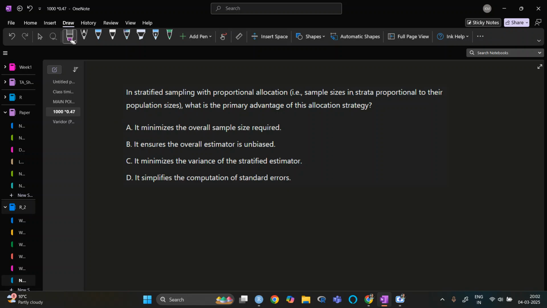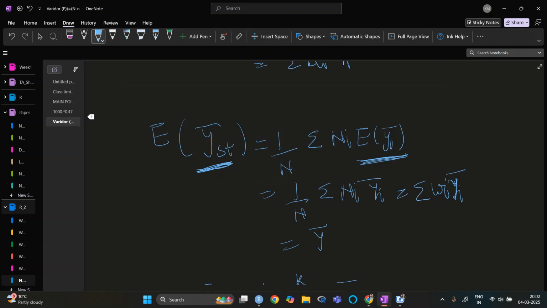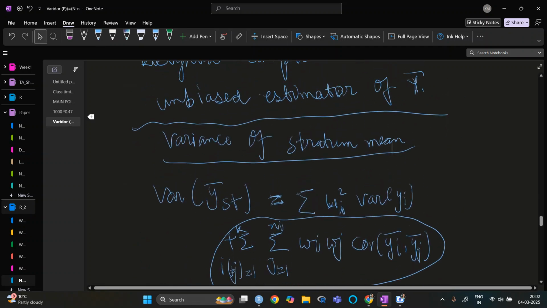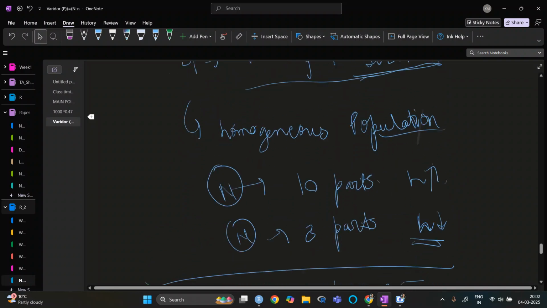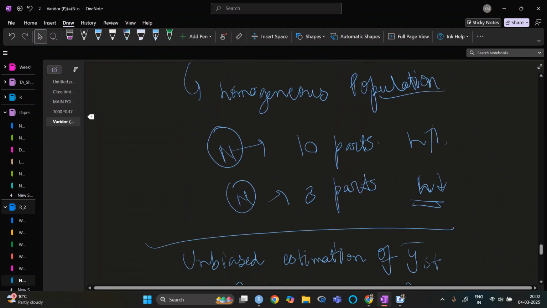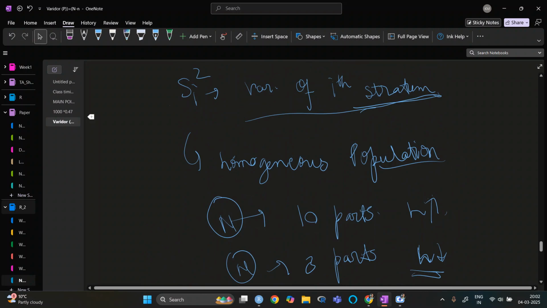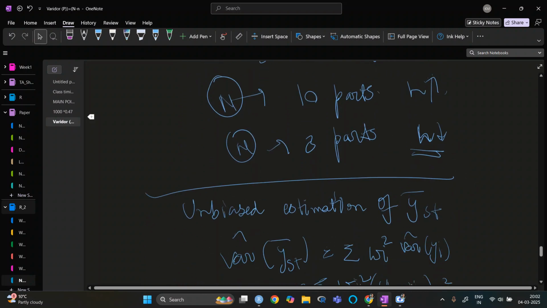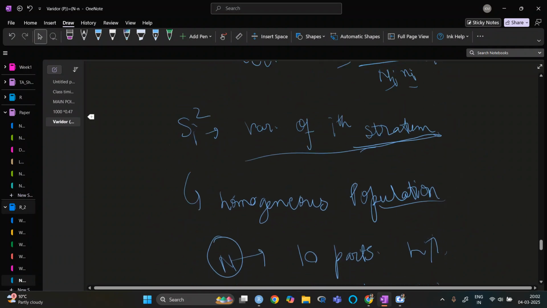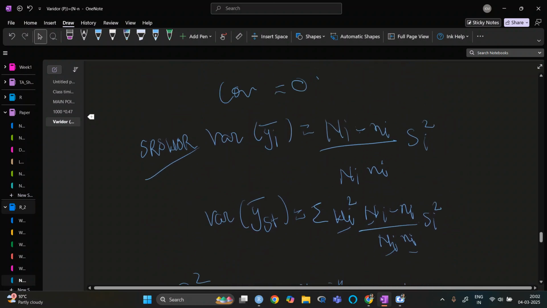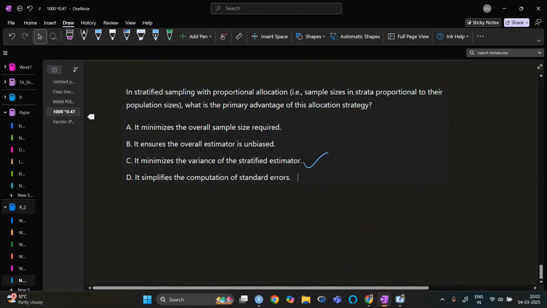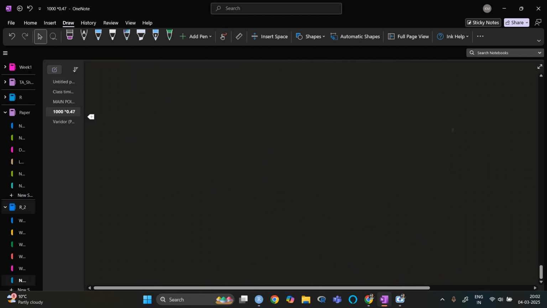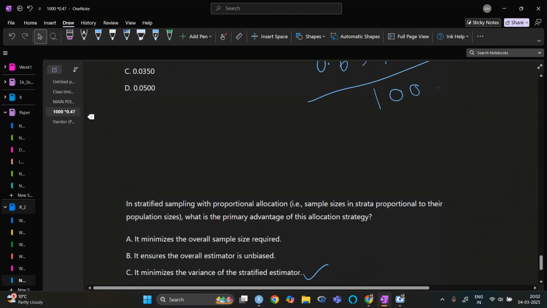So we need to have the variance less. Here we have seen that if the population is divided into more strata and it is homogeneous inside each, then the variance reduces, so variability reduces. That is why we use strata. Okay, minimizes the variance. Yes.